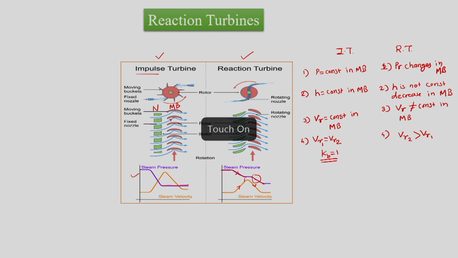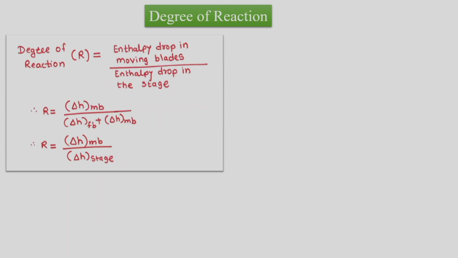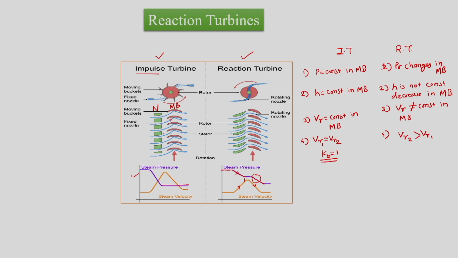So we will move ahead and see how the impulse and reaction turbines work. The very first point to be understood here is the degree of reaction. As we have stated, there is constant enthalpy in the moving blades of an impulse turbine, but enthalpy decreases, so there is an enthalpy drop, in a reaction turbine.